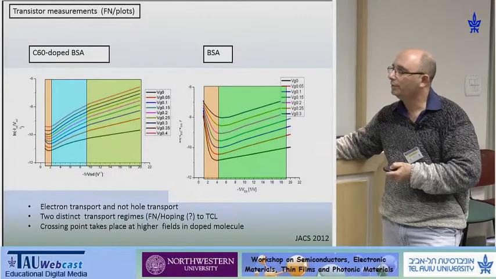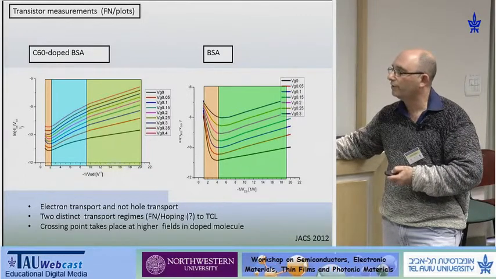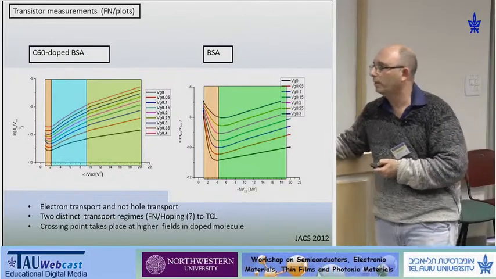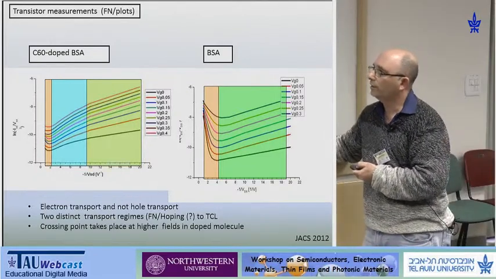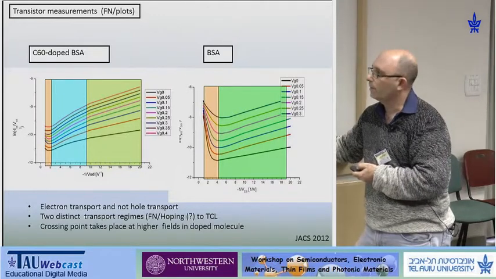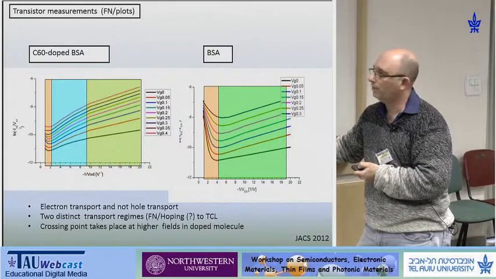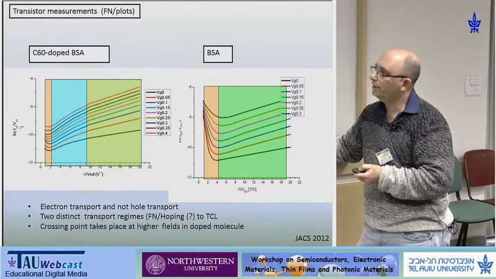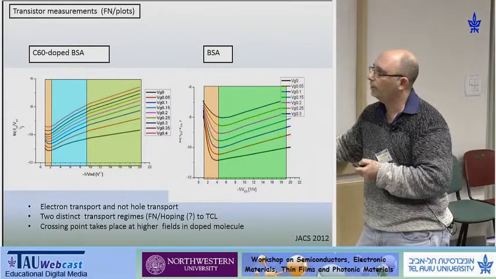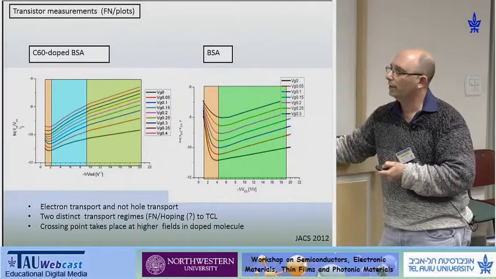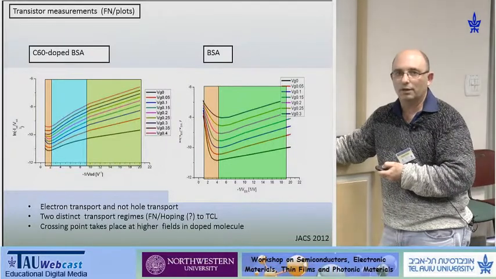We can see that we have two distinct transport regimes that we could correlate with a transition from Fowler-Nordheim tunneling to a space charge limited or trap charge limited mechanism. I will show you in a minute. And you see that the crossing point for the doped molecules occurs at higher electric fields.